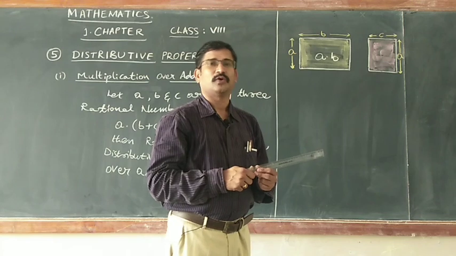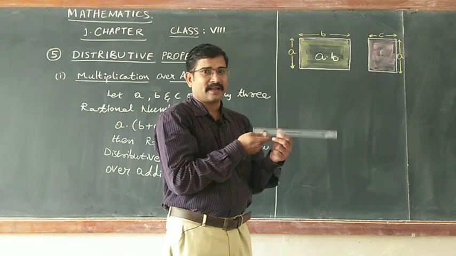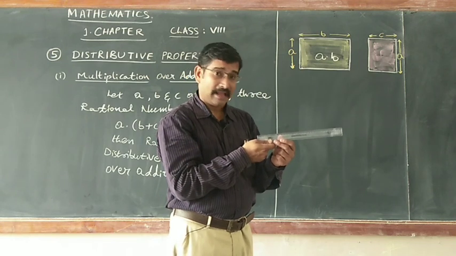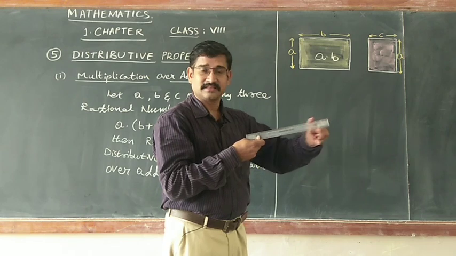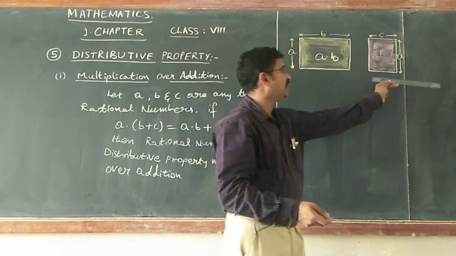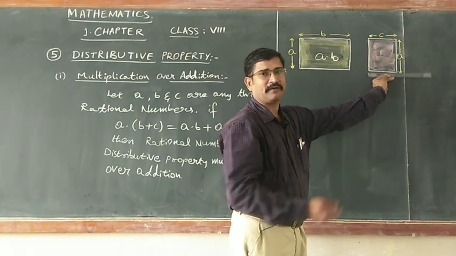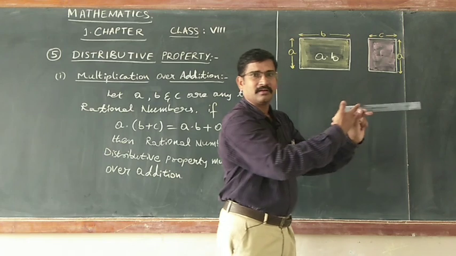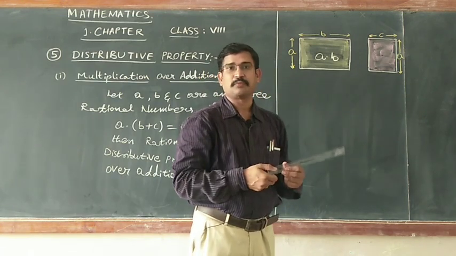Furthermore, in the solid shapes chapter. See children, using this rectangular region, rectangular lamina scale, since its length is known, we keep beside of unknown measurement and find the measurement with the help of this known measurement. This is called a juxtaposing technique.